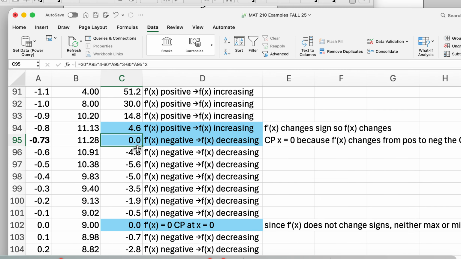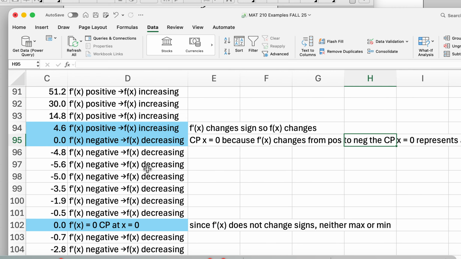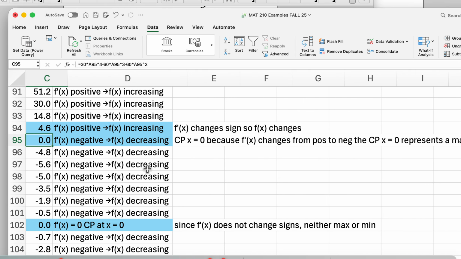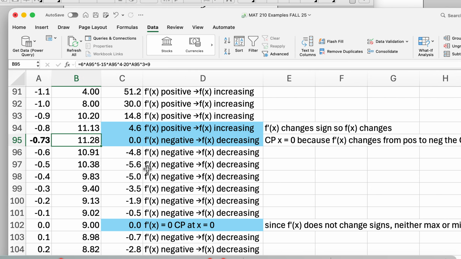So now I want to continue on. I want to see if I have any other critical points. So using Excel, I can see here that the derivative changed from positive to negative, which means that f of x went from increasing to decreasing, and so that represents a maximum when x is equal to -0.73.